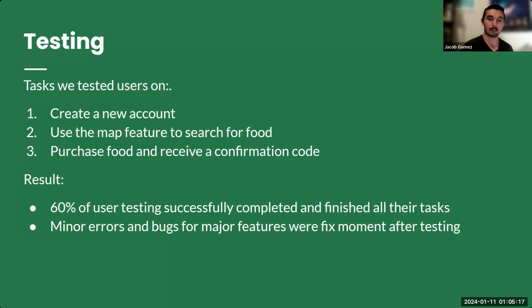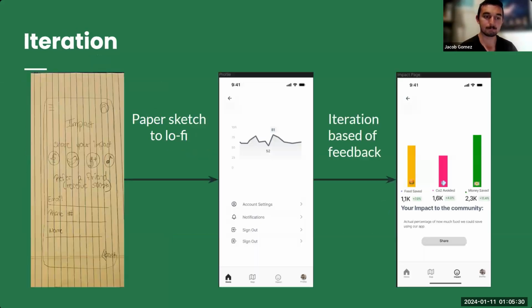However, the last remaining 40% were unable to complete the last task due to minor errors and bugs. However, we quickly fixed them after discovering them. After using the feedback and testing, we used that data in our final prototype, which we'll be presenting right now.